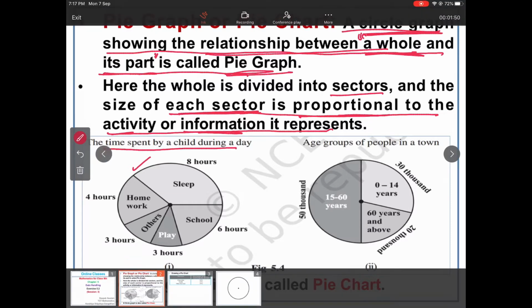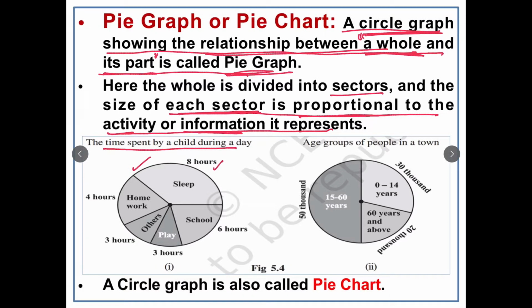For 8 hours he sleeps, 6 hours he spends in school, 3 hours he goes for playing, 3 hours he does other activities like eating, and the remaining 4 hours he does his homework. So this is a division of his day in the form of a pie chart.